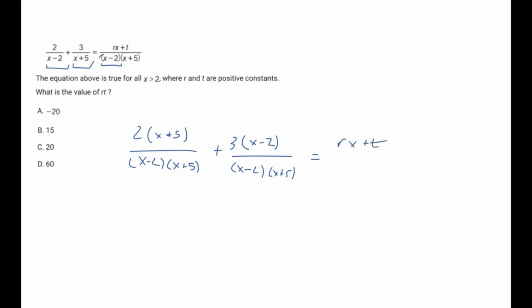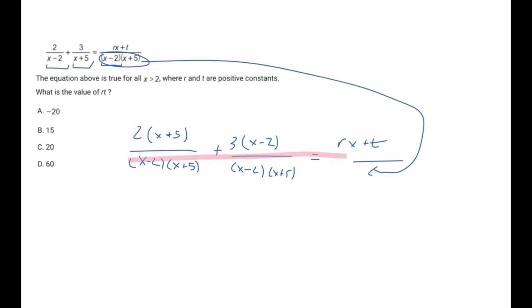And because they give this to us, this is all going to be the same, x minus 2 times x plus 5 as the common denominator. And so what we can do is just get rid of it. So all this at the bottom dies. And so now we're left with the following on top, 2 times x plus 5 plus 3 times x minus 2 equals rx plus t.